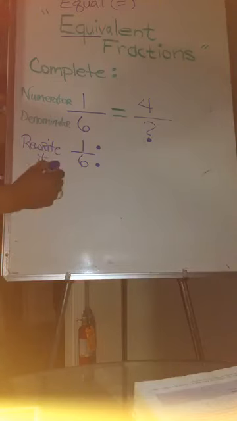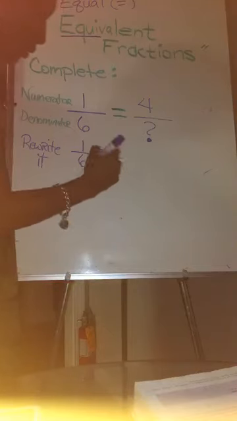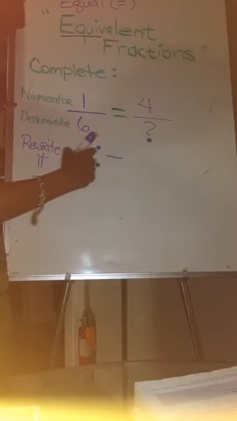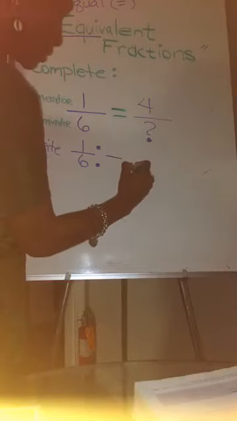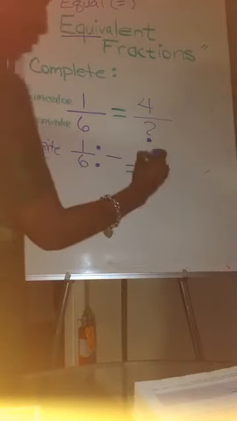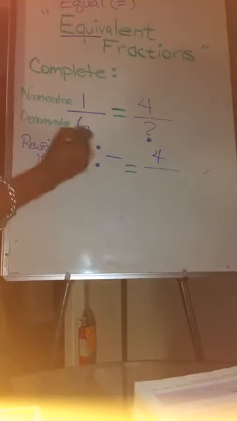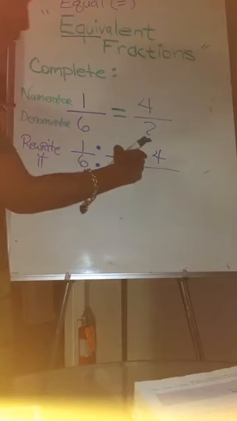All right, so whatever we do in our numerator, this time we have the answer here, but we're going to have to figure out what it is for our denominator. So what times 1 would give me 4?